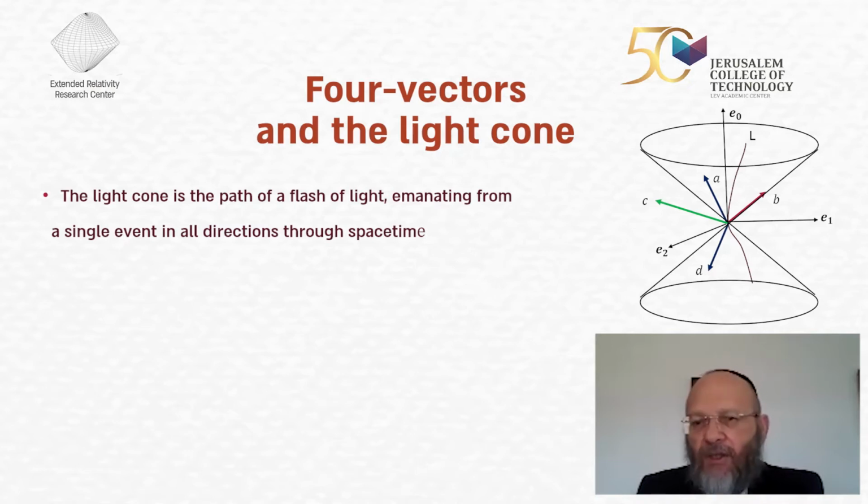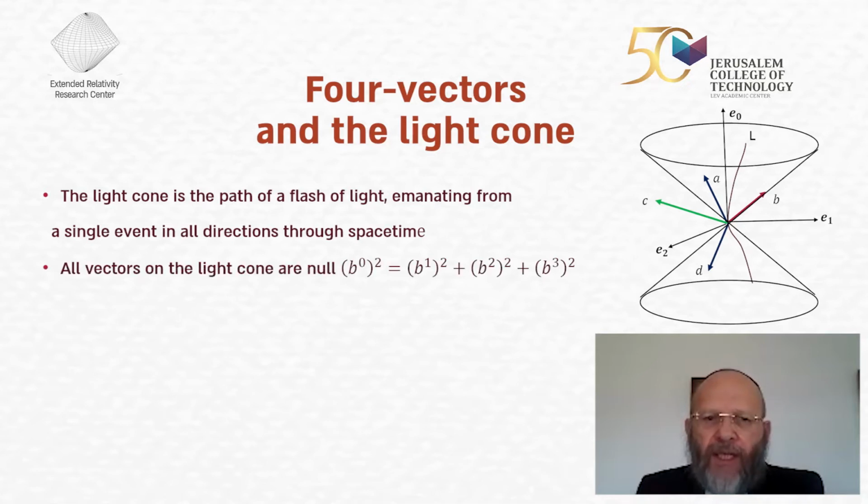So this is a section of the cone, a 2-dimensional section, a 3-dimensional. Really, we cannot draw the 4-dimensional because we are used to 3-dimensional space, but in general it is a 4-dimensional one. And that's the light cone, where the light propagates along this cone.